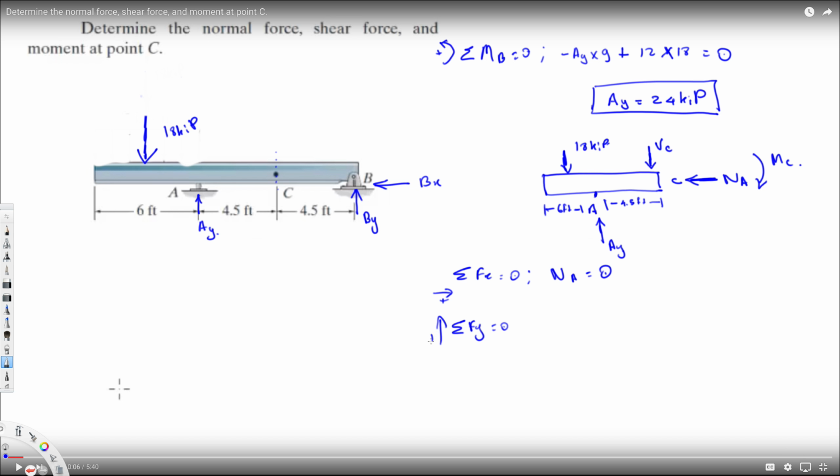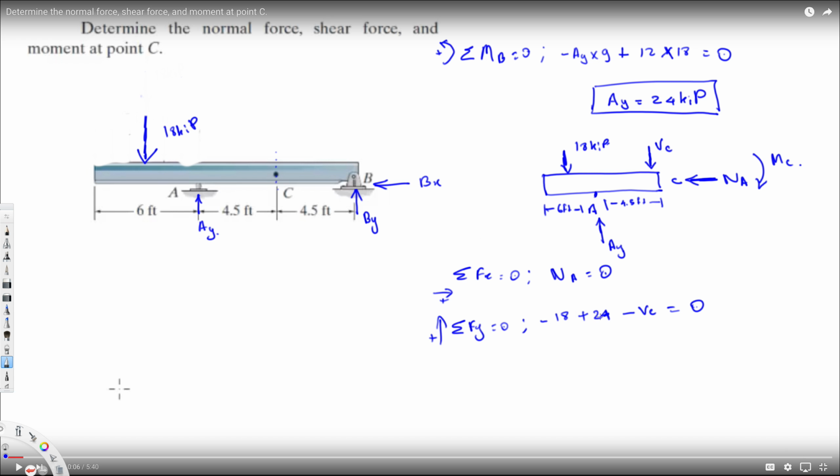If I take upward direction positive, I will get 18 kilopounds acting downward, so negative 18 kilopounds, and then we have Ay acting upward, 24 kilopounds, which we already found, so positive 24, and we have Vc acting downward, so minus Vc equal to 0.